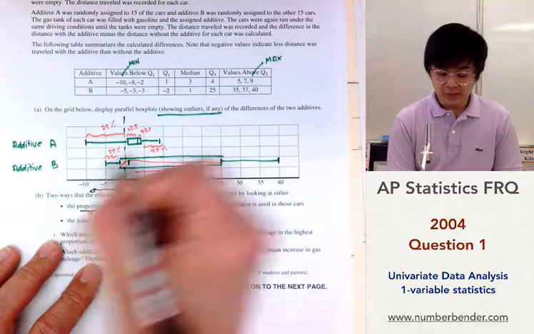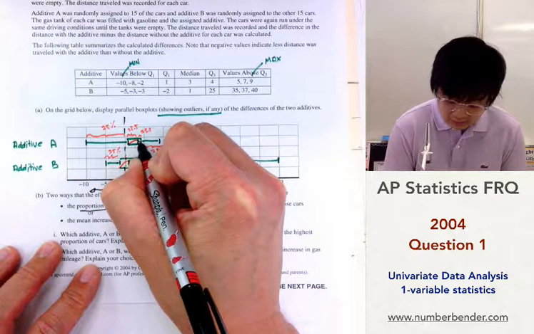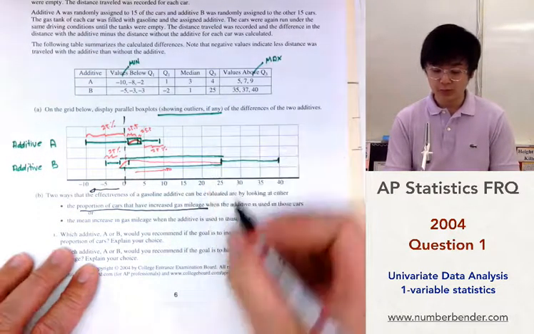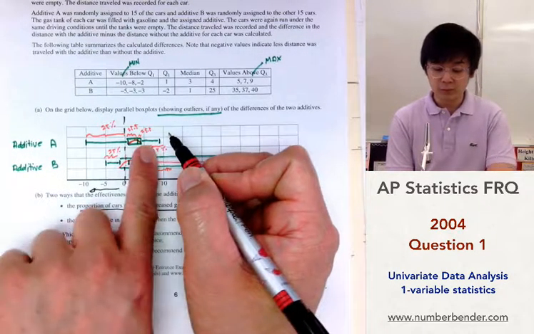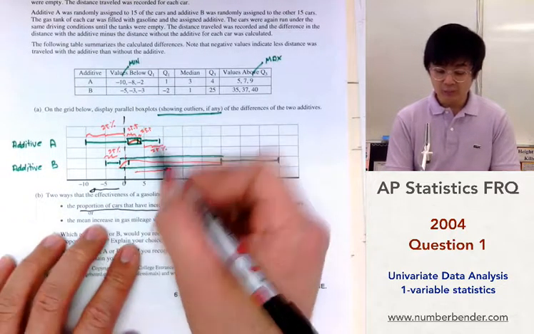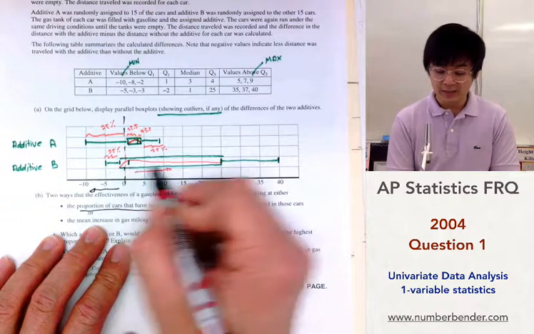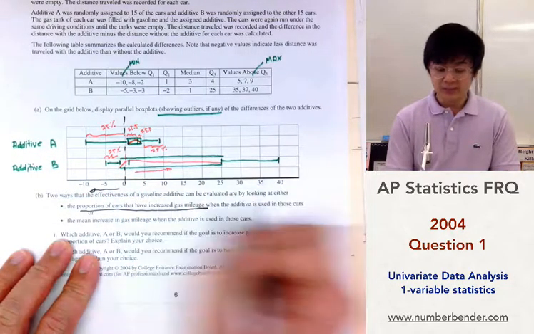using additive B as opposed to additive A, because if we are going to sketch the skewness of the distribution, we are seeing that in this one, the mean is being pulled towards the left, or to the negative mean difference, as opposed to additive B, wherein the mean is pulled towards the positive mean difference.